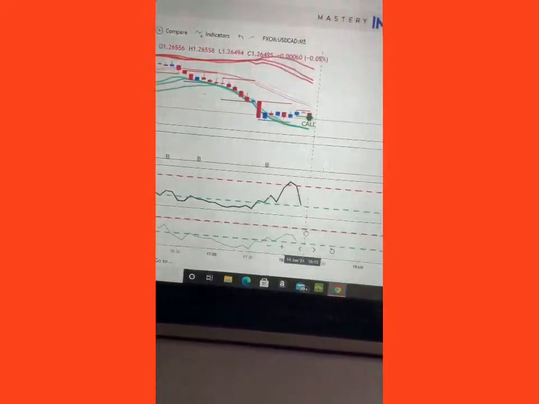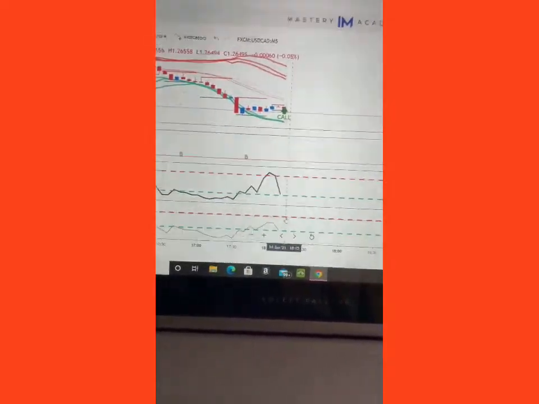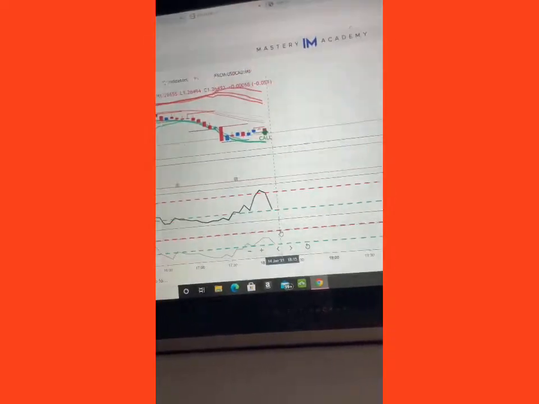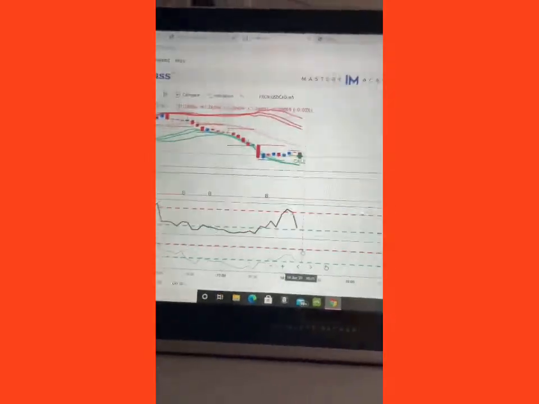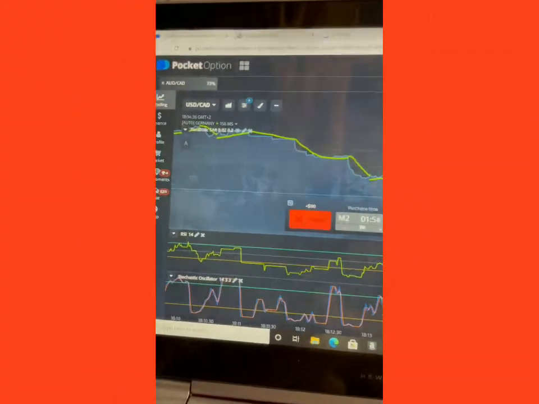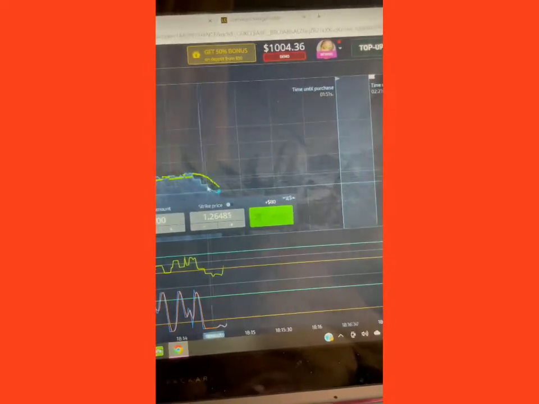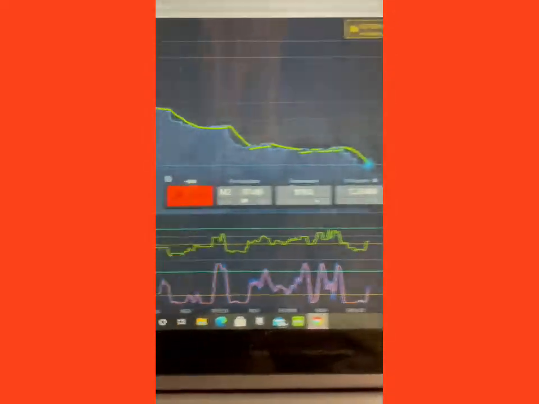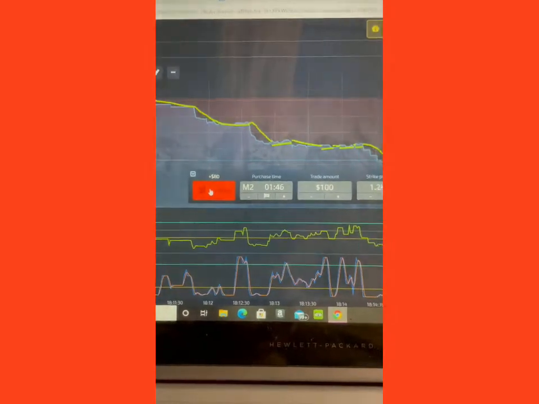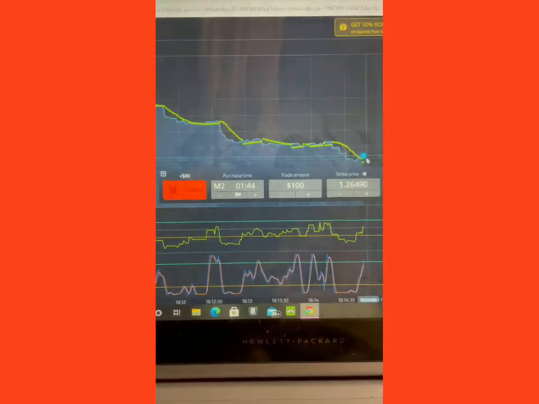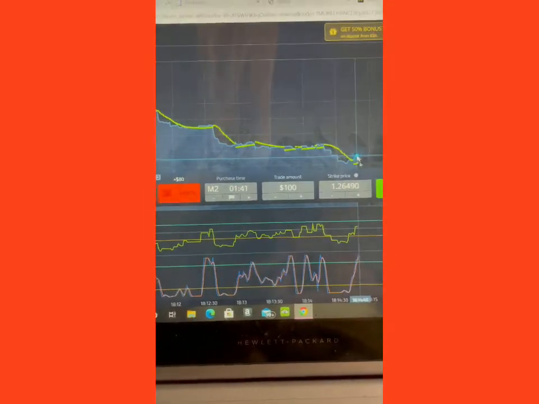So when this minute is up, or right now for real, because I know it's going to continue to go down, I will get in for a 3-minute put, which is a sell. A 3-minute put is the red button. The green button represents a buy, which means this line is going to go up in those 3 minutes, while a put represents a sell, which means this entry point is going to go down in 3 minutes.